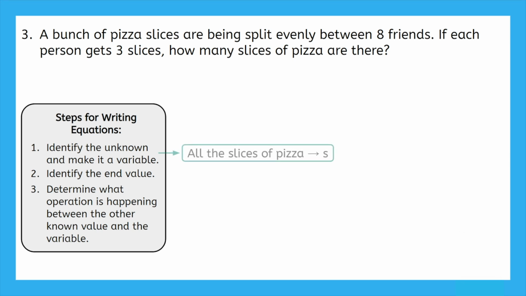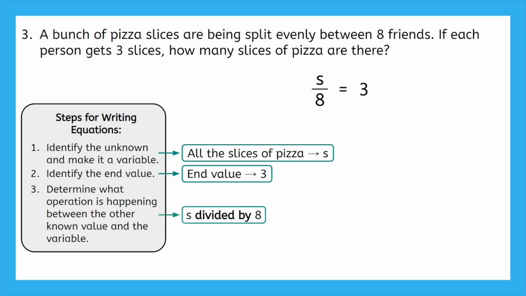Using the variable s to represent all the slices of pizza, the correct equation is s divided by 8 equals 3. In this case, the 3 goes by itself on one side of the equal sign because it's the end value. Each person ends up with 3 slices. In the equation, we have to figure out how we got to 3 by putting together the unknown number of slices with the 8 friends.